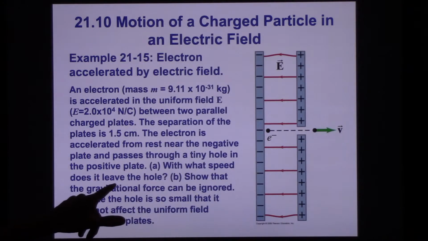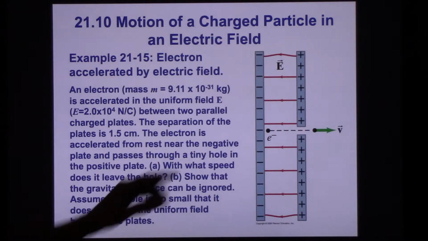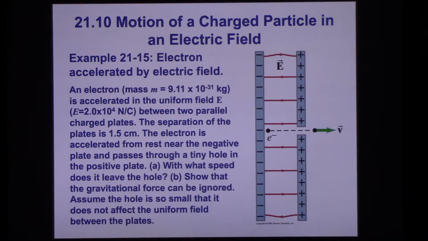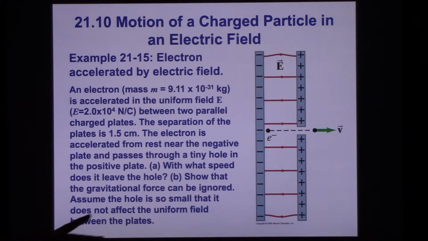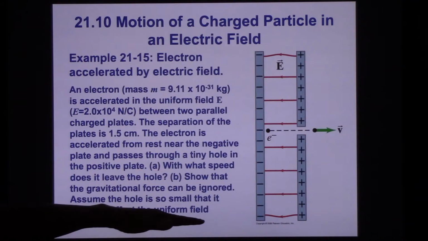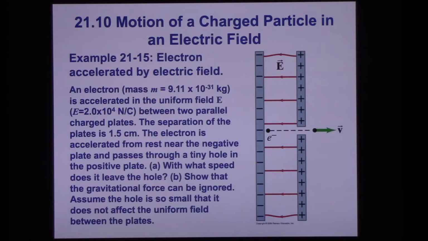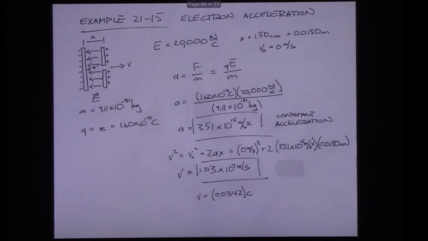What speed will the electron be traveling with when it exits? Now it says show that the gravitational force can be ignored, so we'll see how that shows up in the calculations. Assume that the opening is so small that we still maintain a uniform electric field. So we're fine with that.